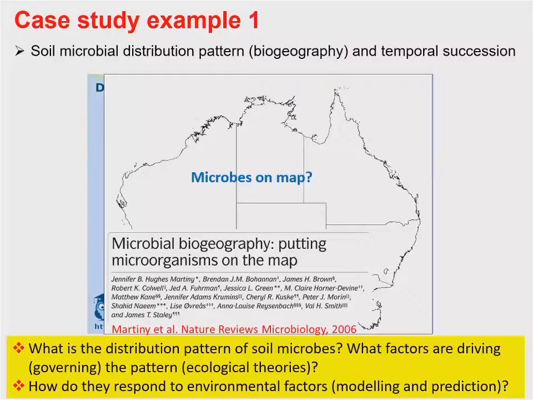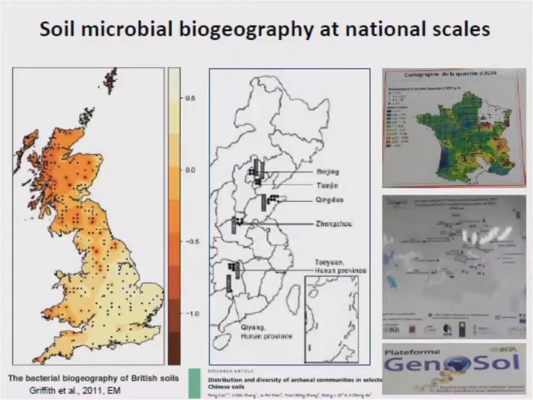And how do they respond to environmental factors? If we can develop some model to predict the microbes and also the functions succession, for example, with increasing temperature or with increased rainfall, how will the microbes and the function change? So these are some basic questions.